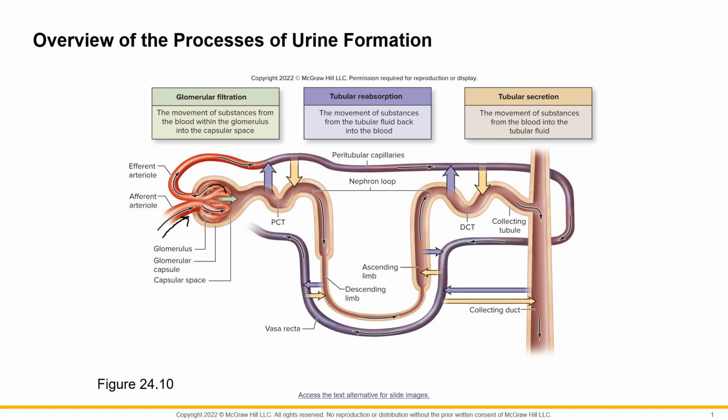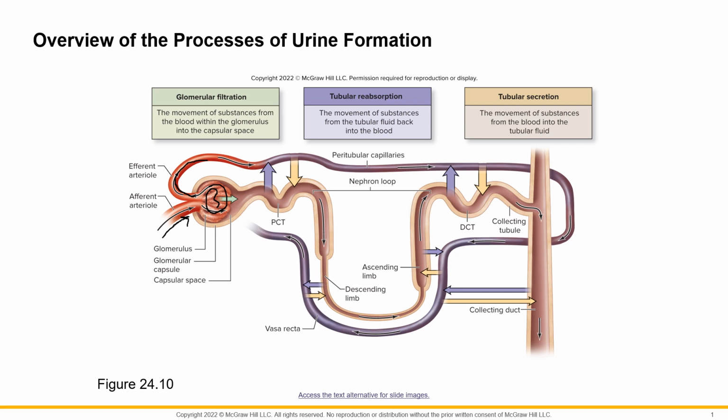Here you have the glomerulus, and this is the visceral layer of the glomerulus, so you're going to have podocytes and mesangial cells right there, and blood is going to exit the nephron via the efferent arteriole. Remember that the afferent arteriole has a wider diameter than the efferent arteriole.